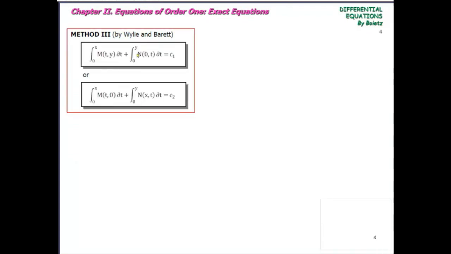Okay. Then there is another method provided by the book of Wylie and Barrett. That is Engineering Mathematics. So yung Engineering Mathematics by Wylie and Barrett. Okay, so meron doon. Then ito siya, may provide siyang dalawang formula. So this one is, basahin ko lang isa, the integral from 0 to x of M function of (t, y). Di ba meron tayong M(x, y)?